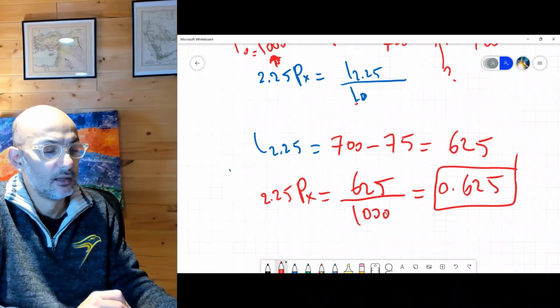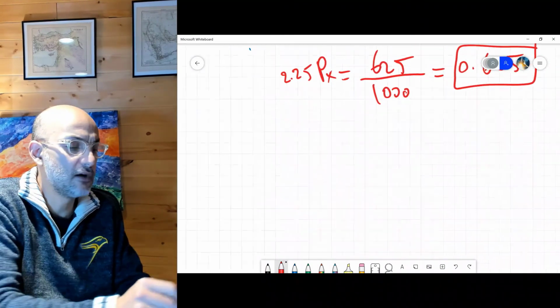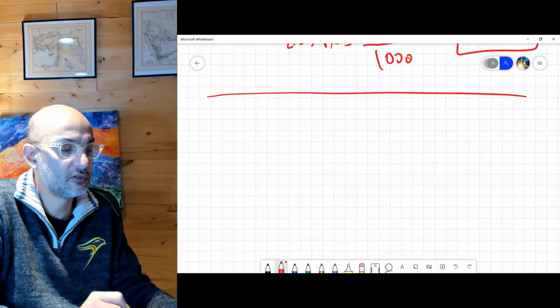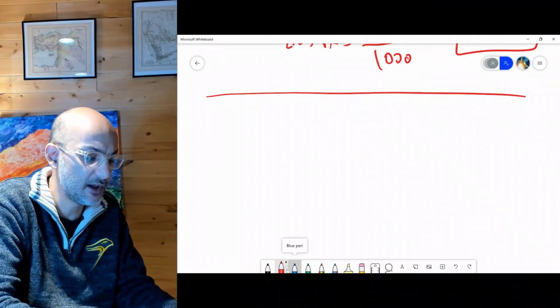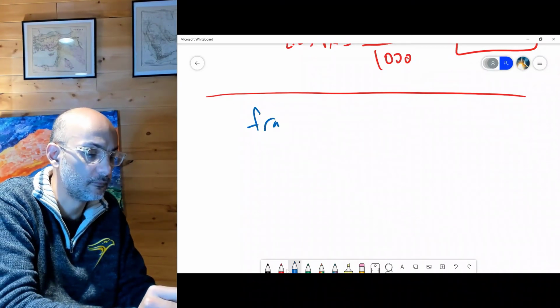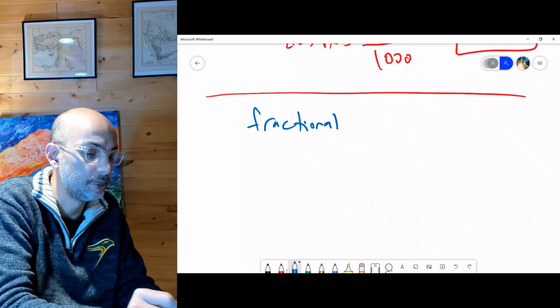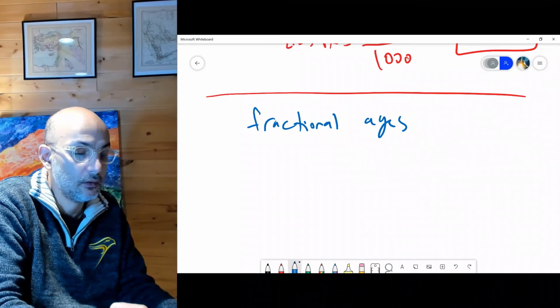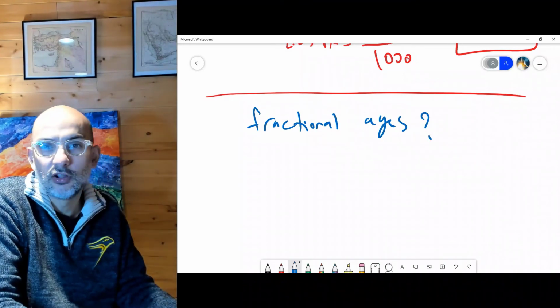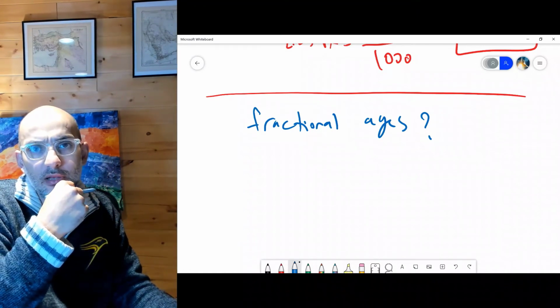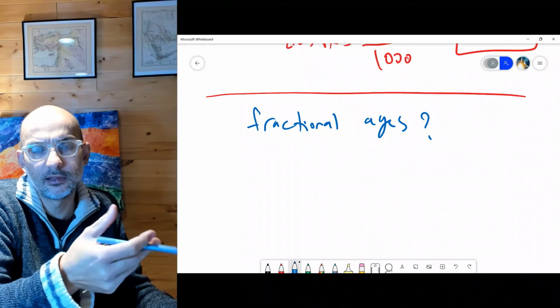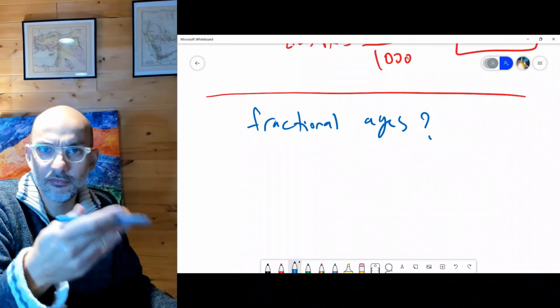So remember, let's now pause and reflect a little bit. In this session today, we started looking at fractional ages: how we can calculate probabilities for fractional ages, especially since the life table I shared with you last time doesn't have fractional ages.